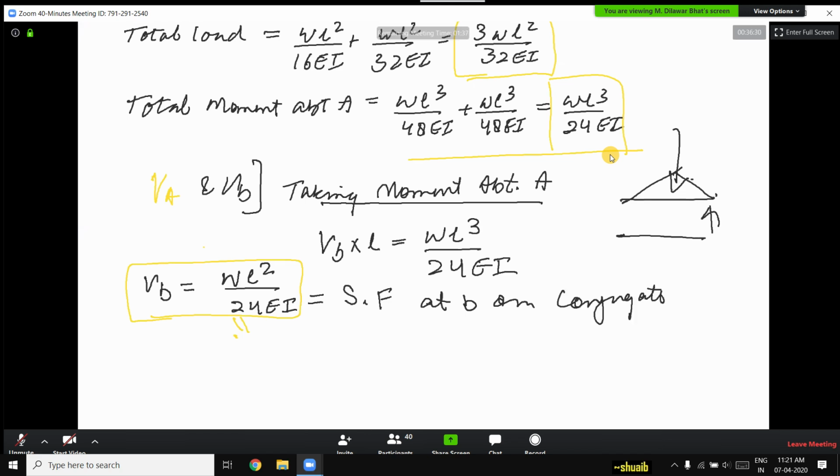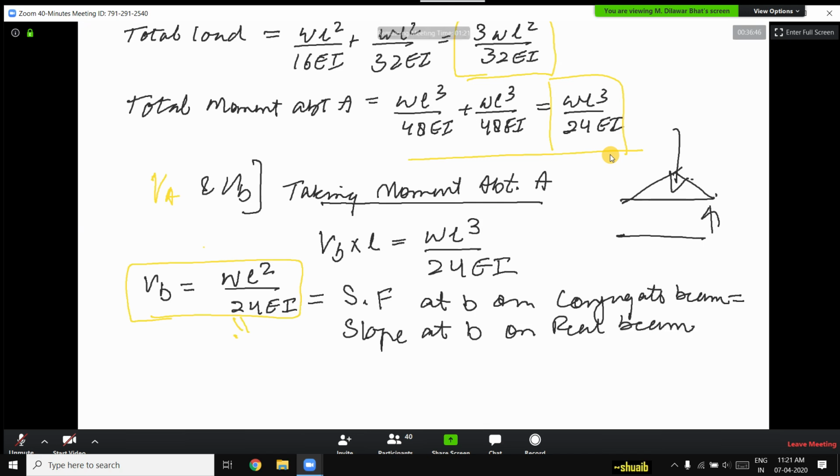And now we know that this is equal to the slope at B on the real beam. On the real beam.